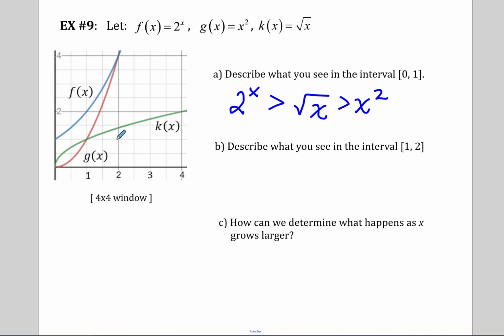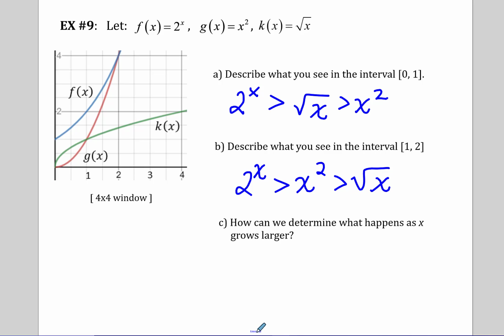Because when you go to the next interval, you notice that the square root is growing slower, and now the x squared parabola is growing faster. So we still have the exponential graph grows fastest, but now x squared is higher than the square root of x. And how can we determine what happens as you get really, really large?